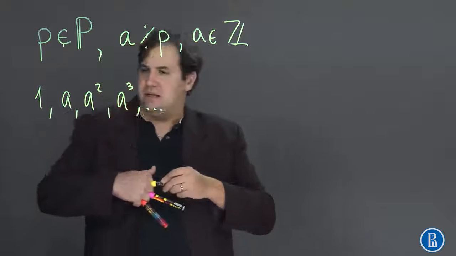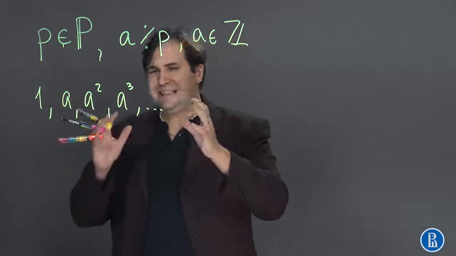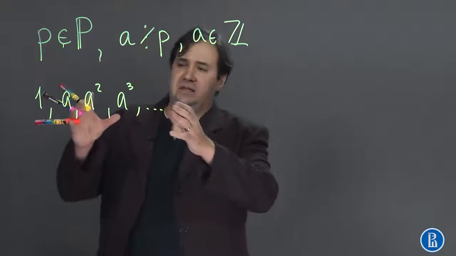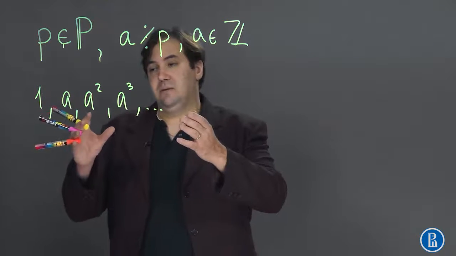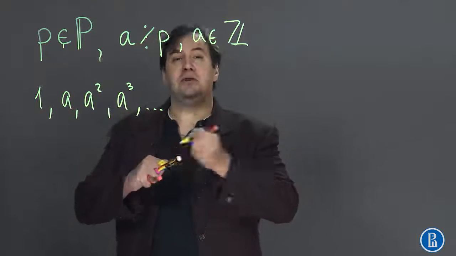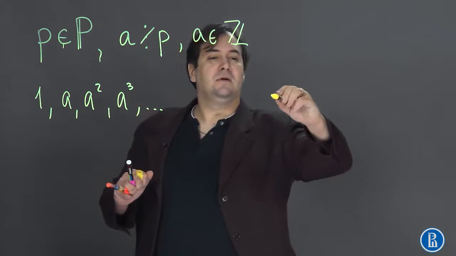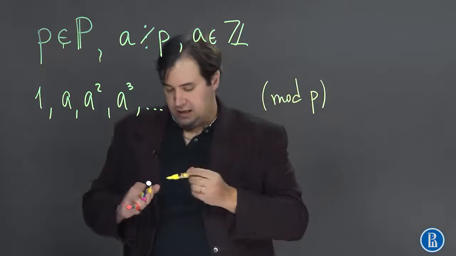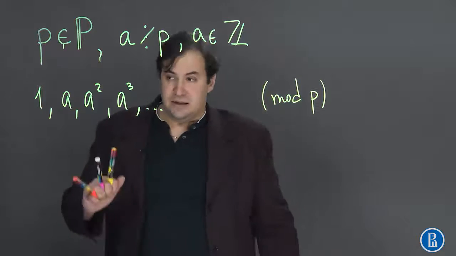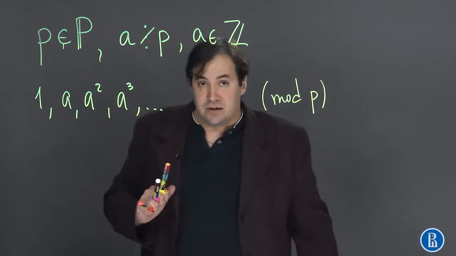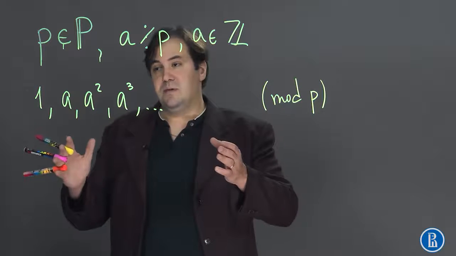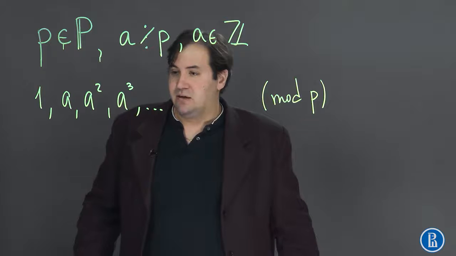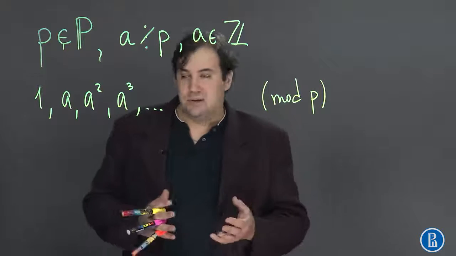So what can we say about this sequence? Of course, we will study it modulo P, which means that all these integers we bring to their remainders modulo P. And this sequence consists of remainders. So we can assume that all its elements are less than P and greater or equal to 0.